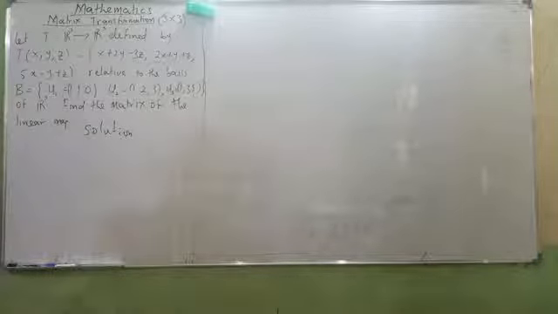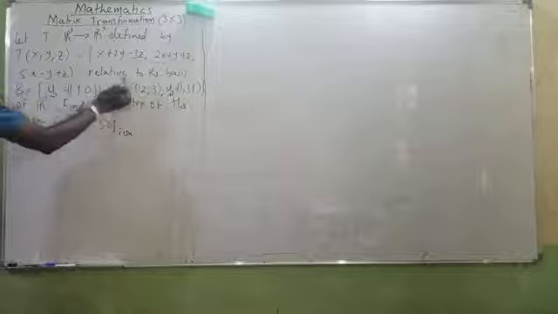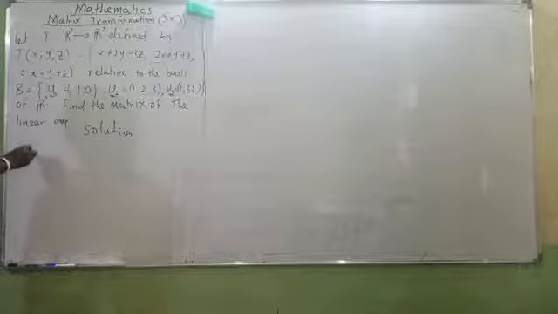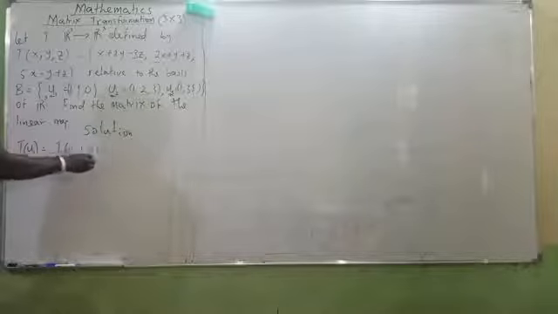Now, the first thing I will do, the same thing I did in the first one, is to have my U, and these are U1, U2, U3, and they are all bases. Now, I will first take the first basis. It means my T(U1) will be equal to T of (1, 1, 0).